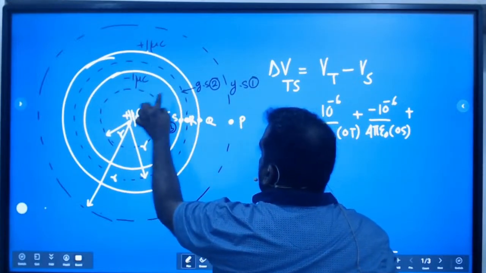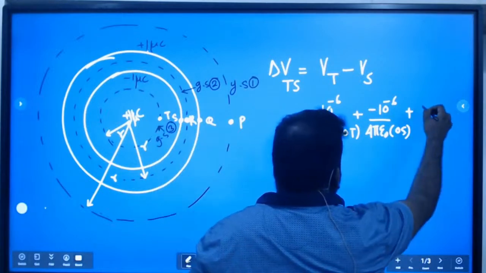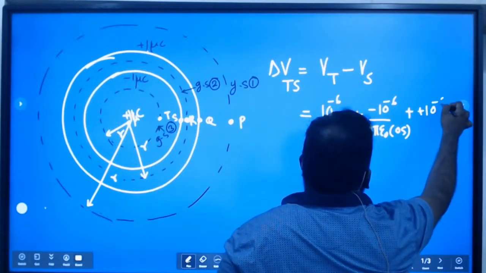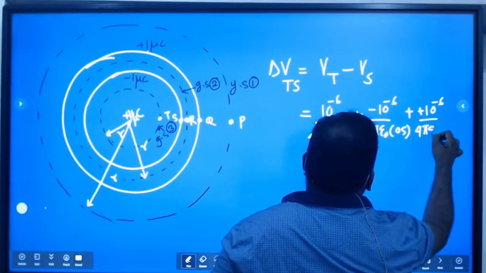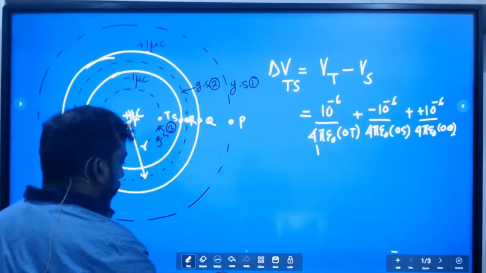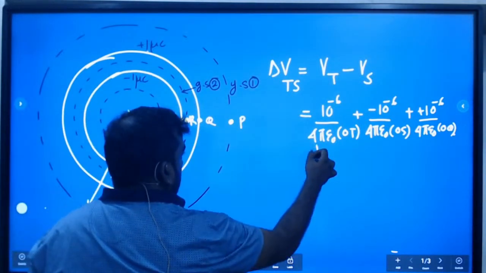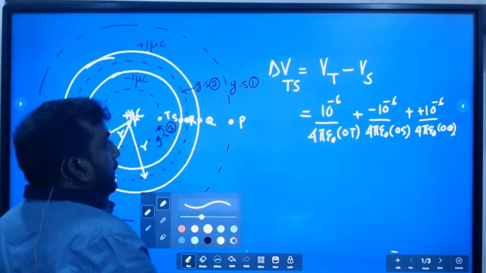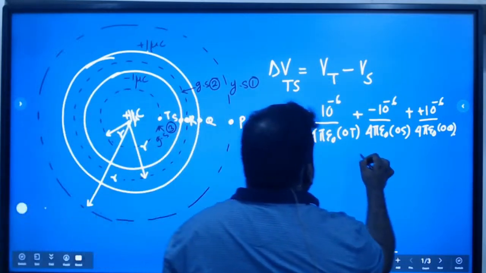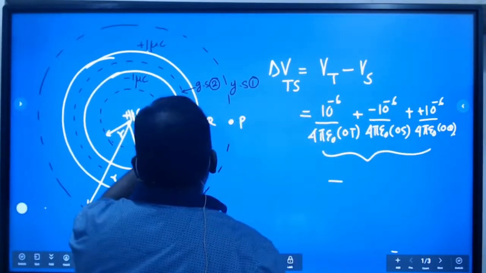Because of the plus 10^-6 charge, the potential is 10^-6 over 4 pi epsilon naught OQ. That's the potential at T.